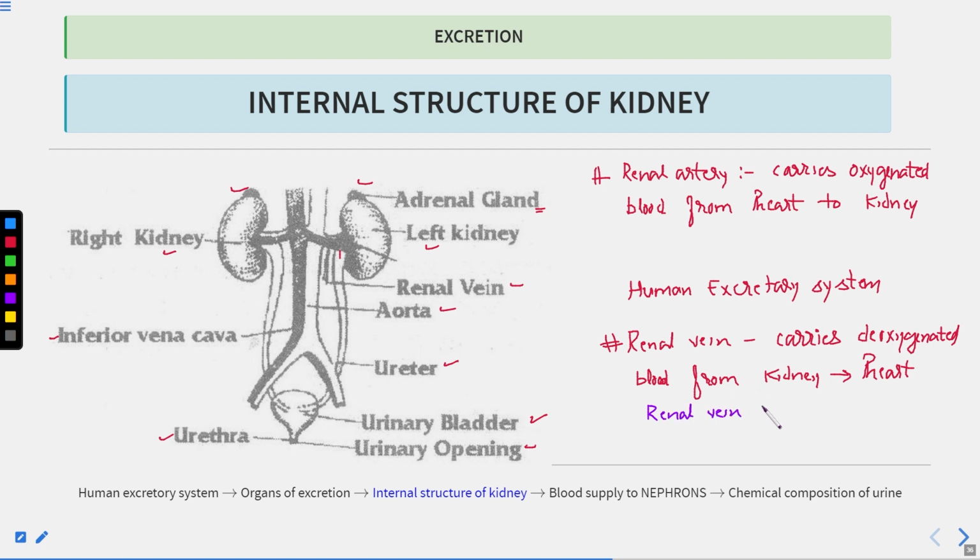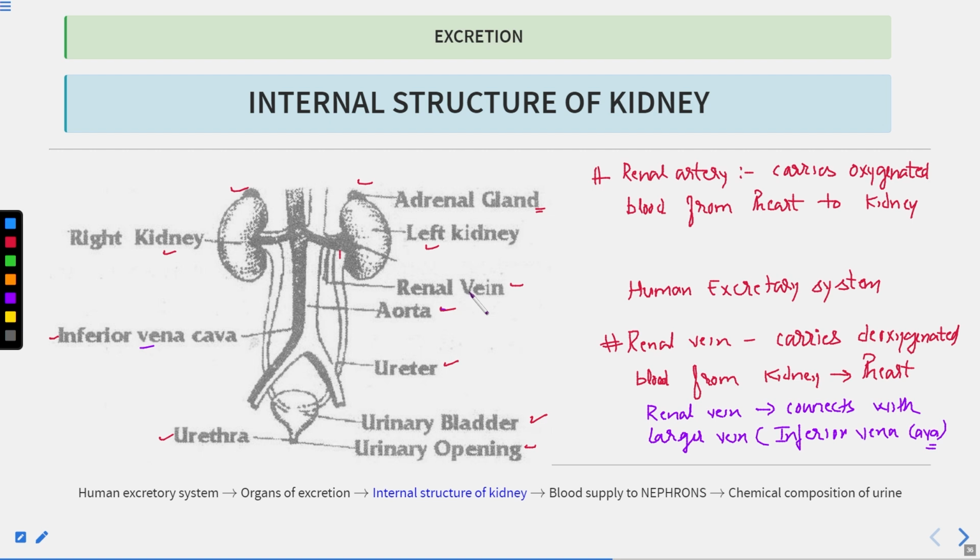So this small renal vein then connects with the larger vein, which is known as the inferior vena cava. Okay, here you can see this inferior vena cava.